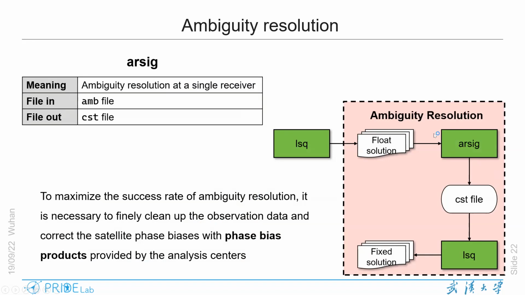The RC program reads the ambiguities from the AMB file and then fixes the float ambiguities to integers. These fixed integers are written into the CSV file. With the CSV file, the covariance between the parameters can be reduced, so a higher precision of the estimates can be achieved in the fixed solutions.